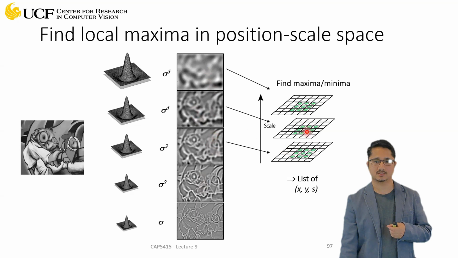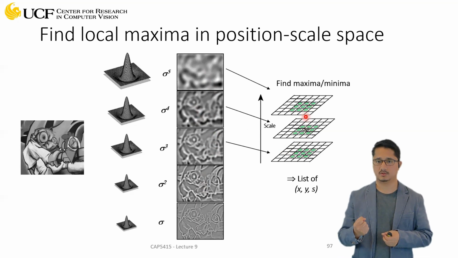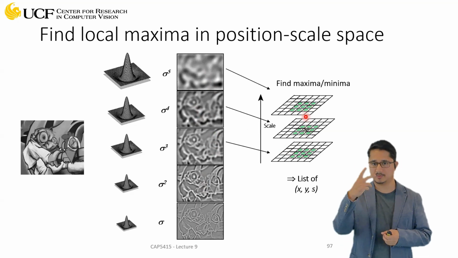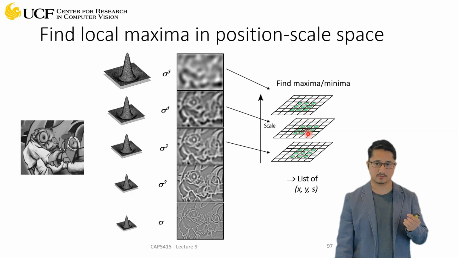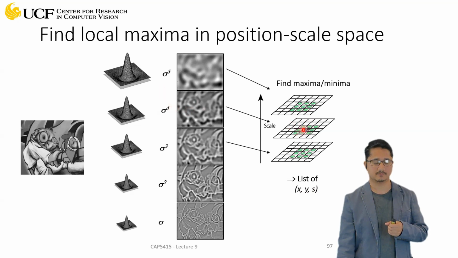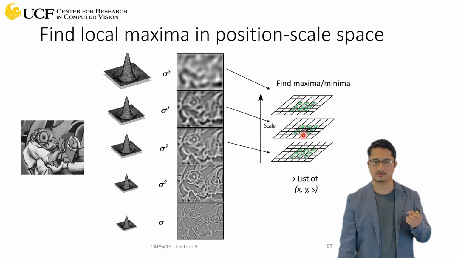For each pixel, you see if it's a maximum or a minimum. If it's a maximum or minimum, you say that's your key point, and that's what you are interested in. You record the XY location of that pixel, and also which scale it came from. For example, if this pixel is a maximum or minimum, we'll have its XY location and the scale as 4.